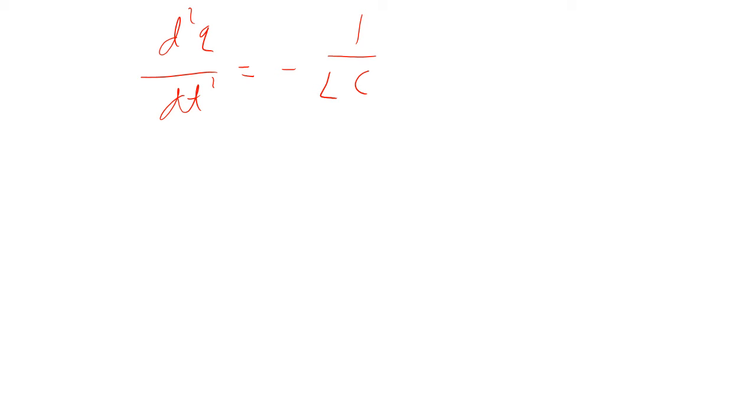Well, something that if you take the second derivative of it, you get the negative of the original, is going to be a sine or a cosine. If we assume we start off with a charged capacitor, then it's going to be a cosine, because you already have charge on it at time 0. So Q is going to be some Q naught times cosine omega t.